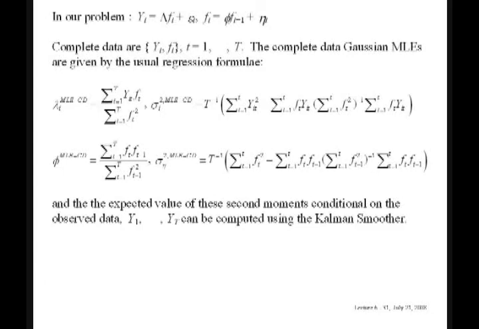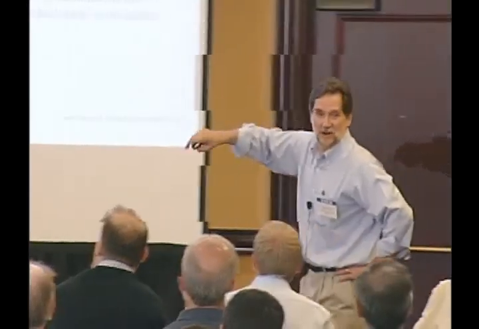It looks messy, but this is just regression. This is x prime x inverse x prime y, right? So if I could observe f, right, what's the formula for the maximum likelihood estimator of lambda? Well, it's just you regress y on f, right? What's the formula for the variance of epsilon? Well, it's just the usual, y prime y minus y prime x inverse x prime y thing, right?